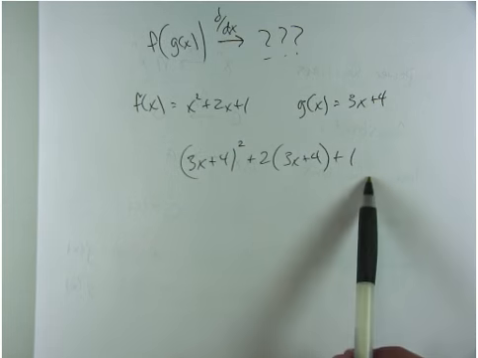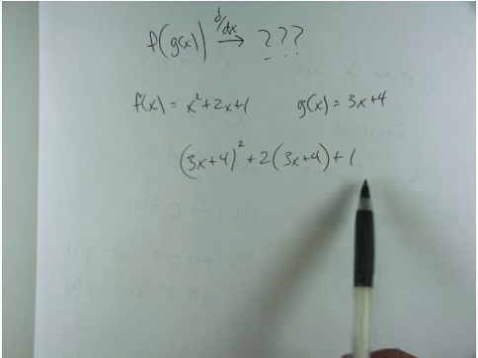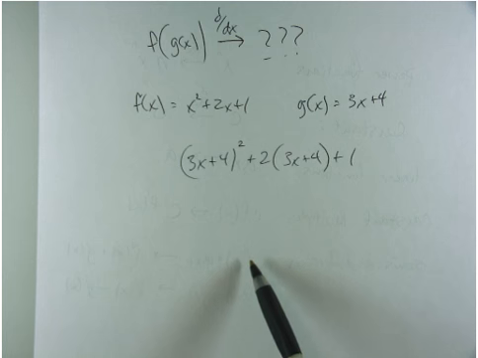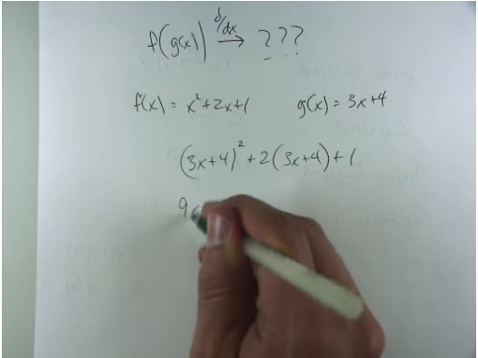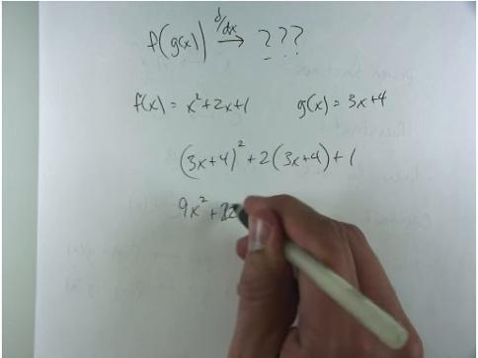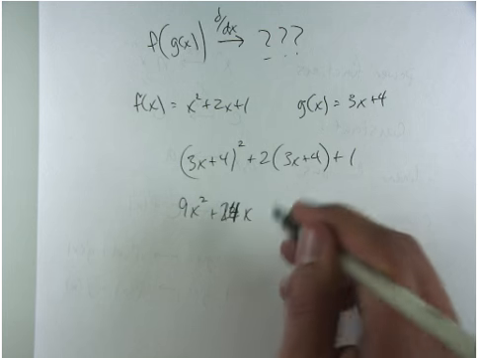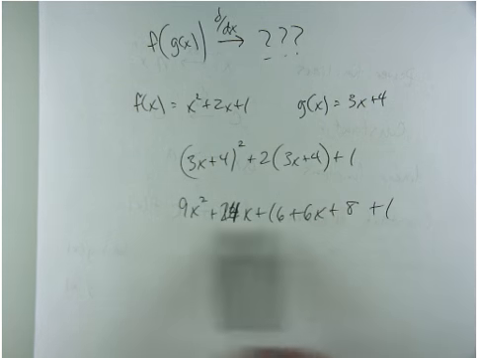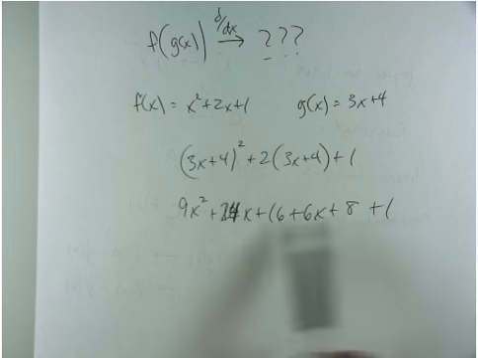And this looks complicated, but once I evaluate, I could simplify this back to a place that I like. It's going to be 9x squared plus 24x plus 16 plus 6x plus 8 plus 1. I'll be able to multiply everything out, and it'll simplify down to something that I like.